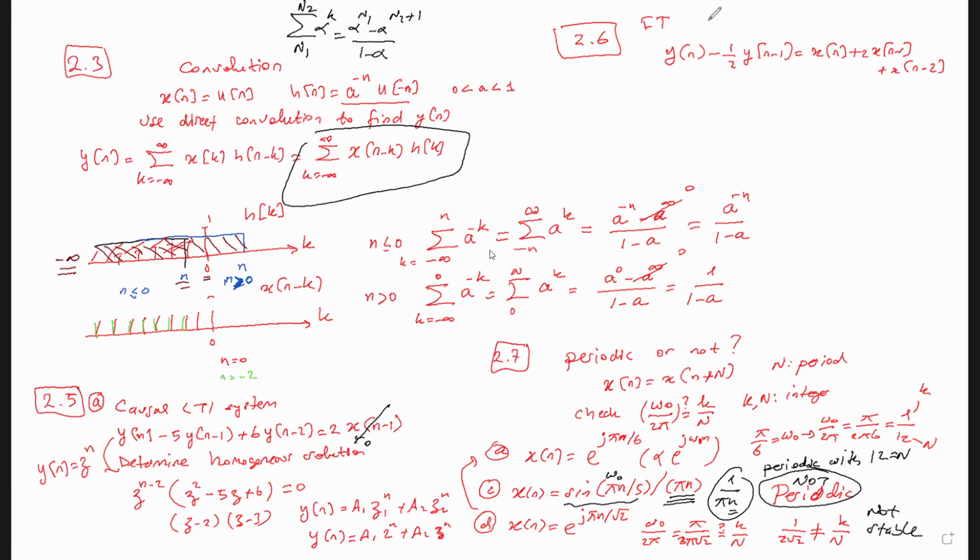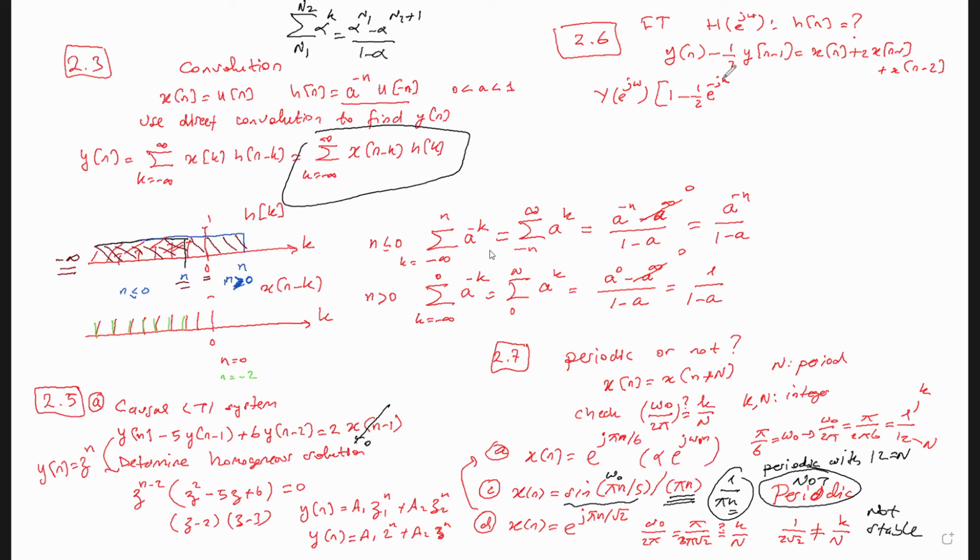Find the Fourier transformation as well as the impulse response. So we use the Fourier transformation, then we can take it on both sides. That's going to be Y of e to the j omega times 1 minus 1 over 2 e to the minus j omega.